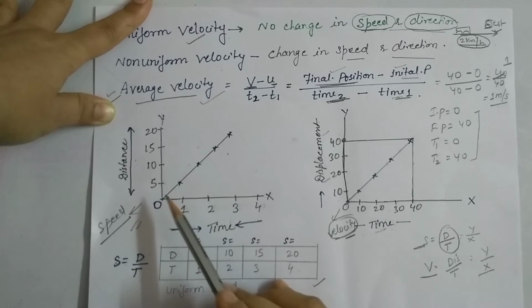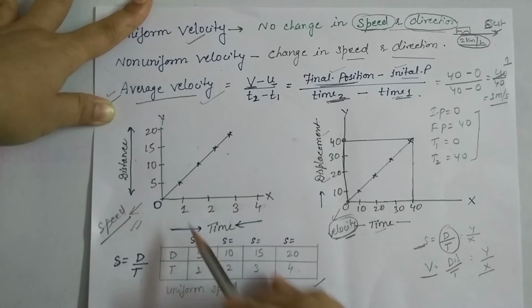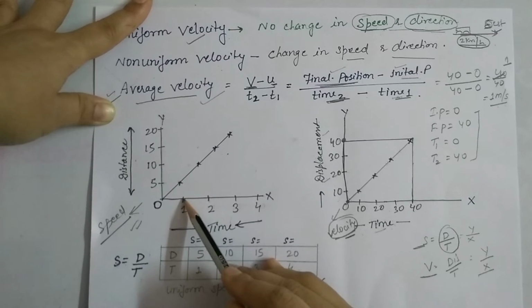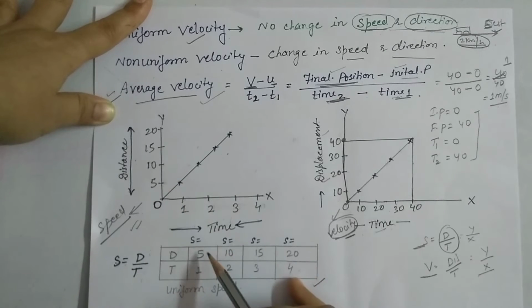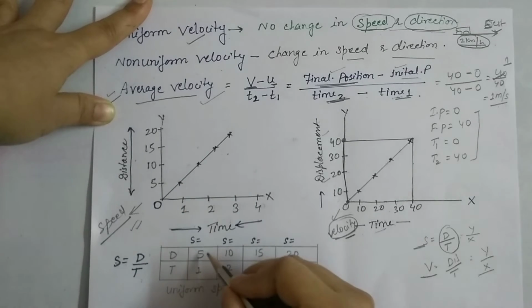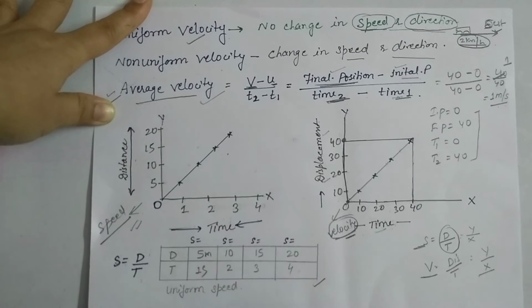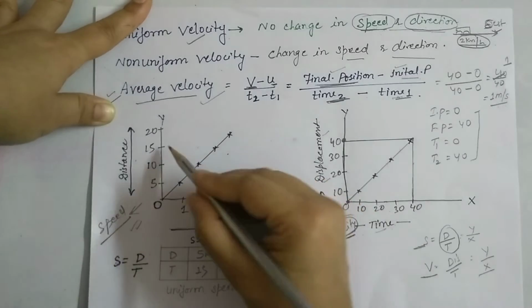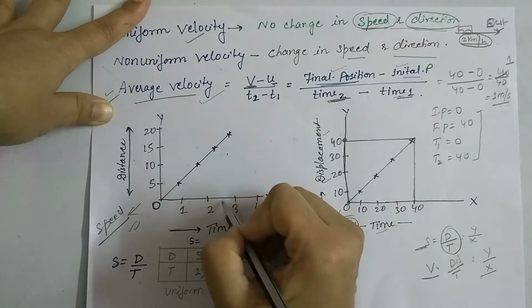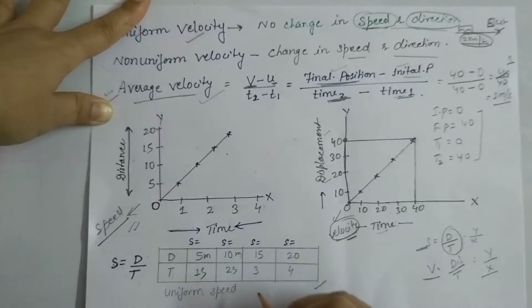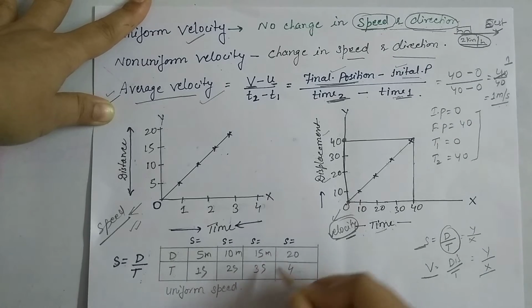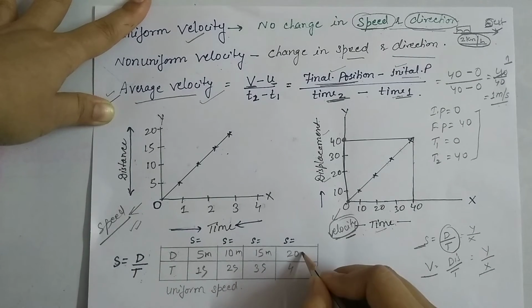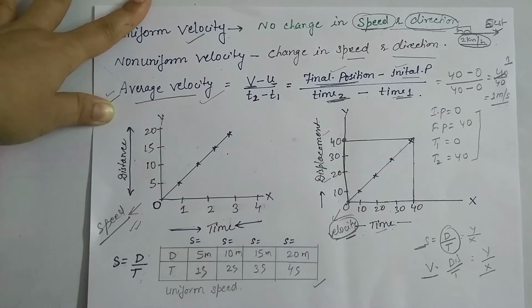A distance of 5 meters is covered in 1 second. Then 10 meters is covered in 2 seconds, 15 meters in 3 seconds, and 20 meters in 4 seconds.